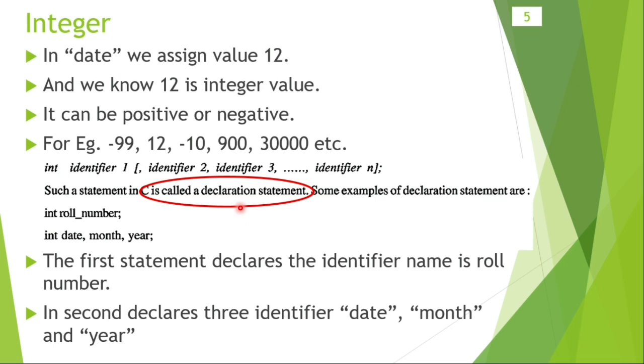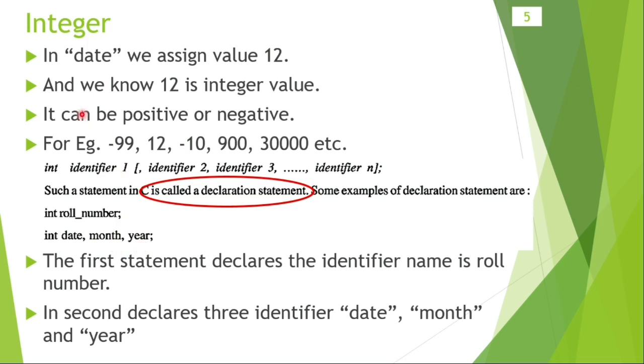Whenever you are doing a math sum, say finding the area or circumference, you might have pi value, radius value, diameter, everything. That is all declaration of that sum. We can relate maths with C. Say int roll number, int date, month and year.